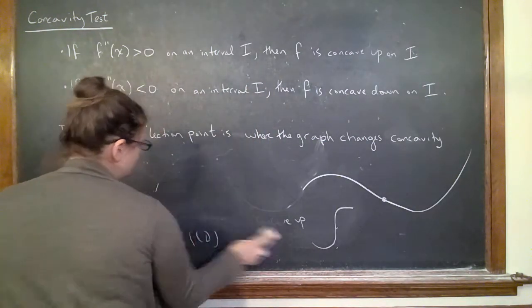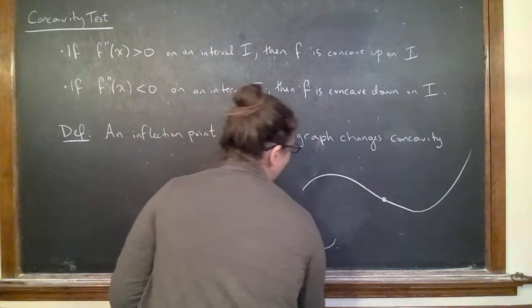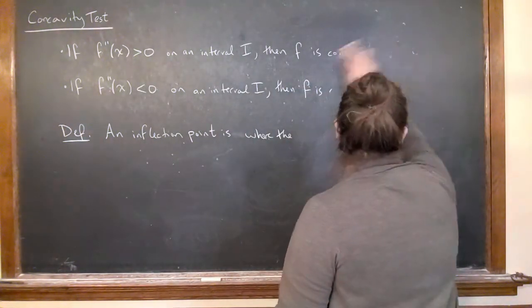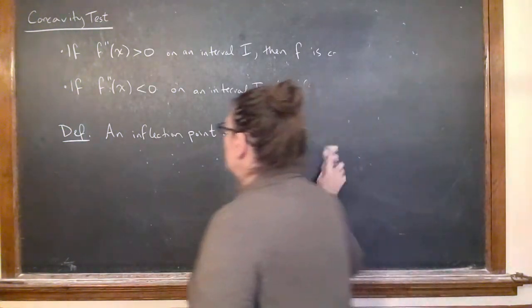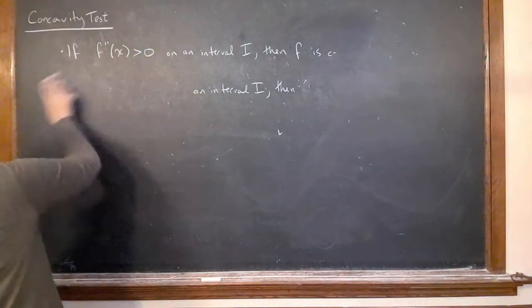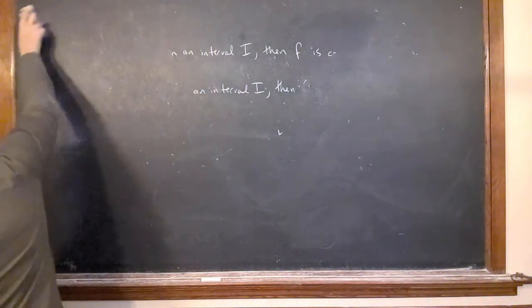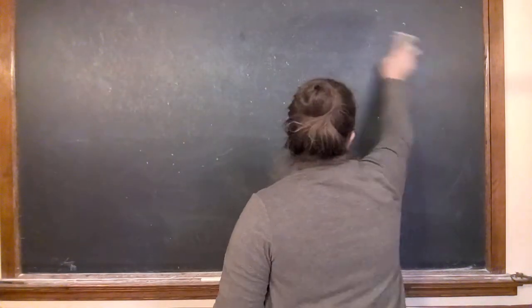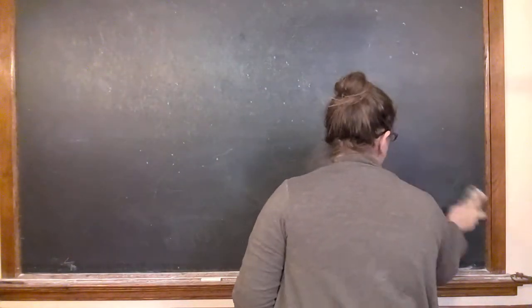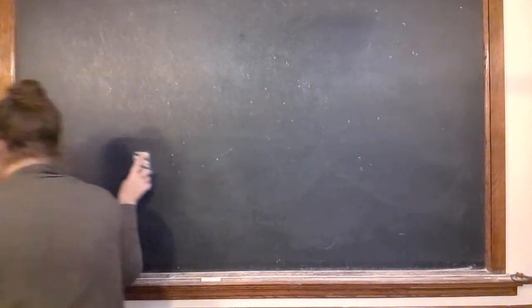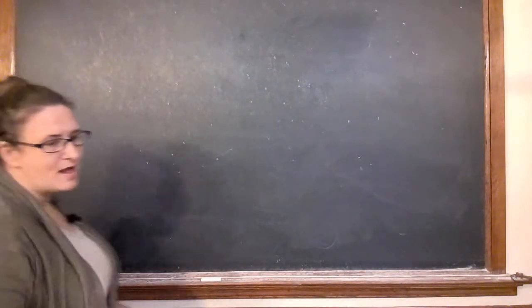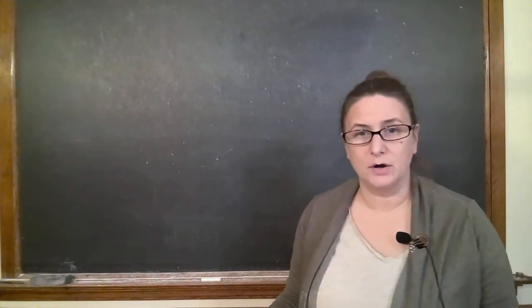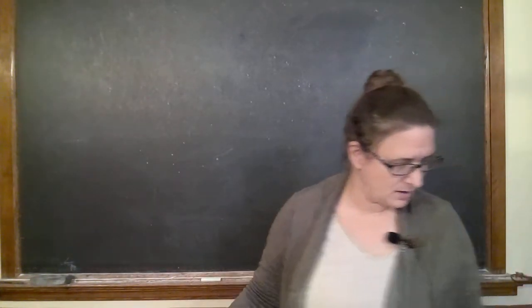Oftentimes, by the way, if all you're trying to do is graph the function, you can do that just by looking at the first derivative test. You don't necessarily need to look at the second derivative just to graph the function, but we will ask you to look at the second derivative to give more information about what's going on. And so the second derivative test is just a way to codify this.